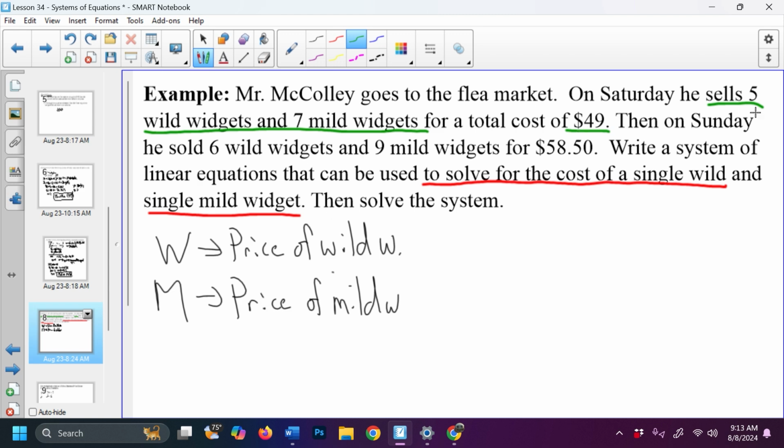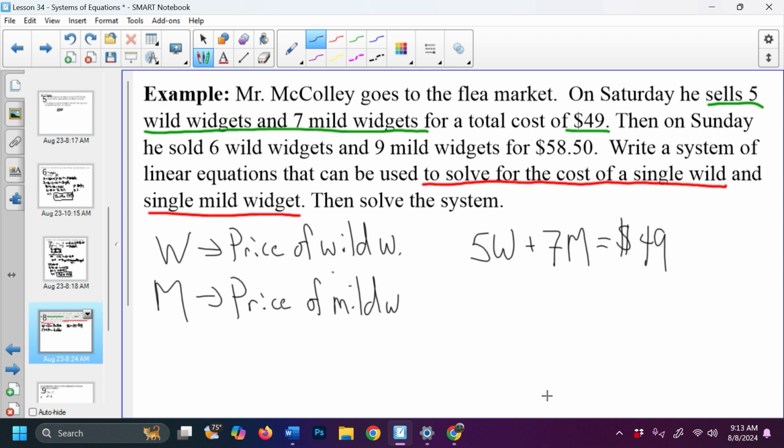So my first equation is 5 times the price of a wild widget plus 7 times the price of a mild widget, and that's going to equal $49.